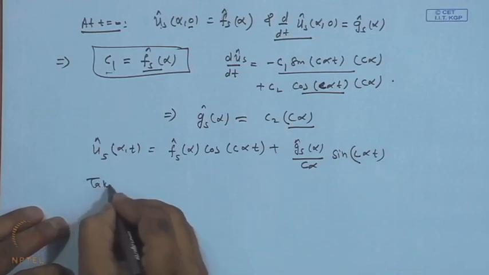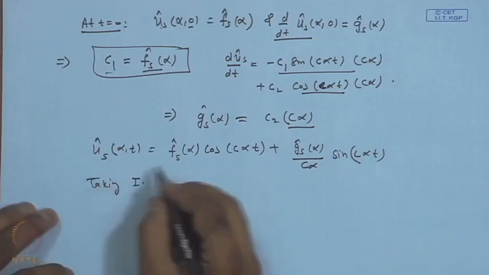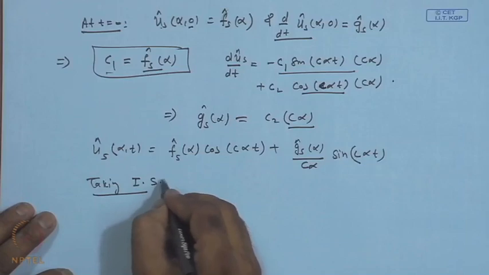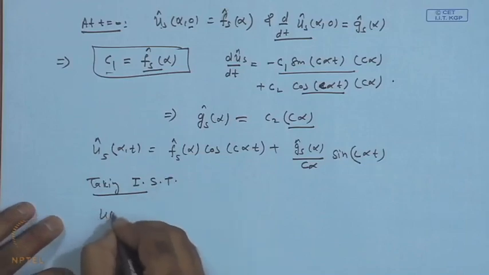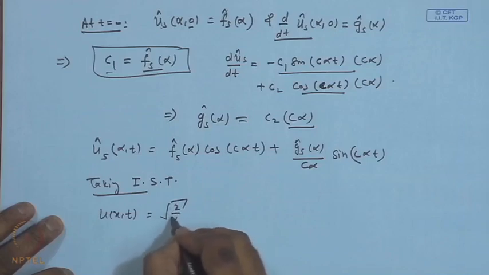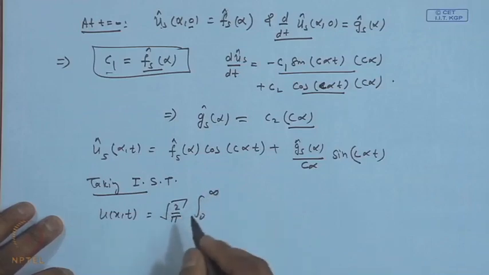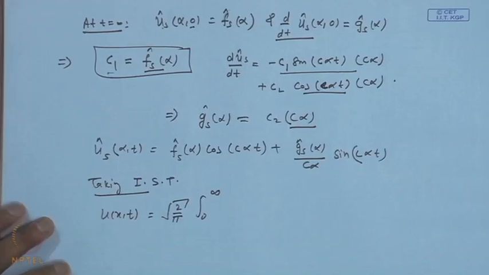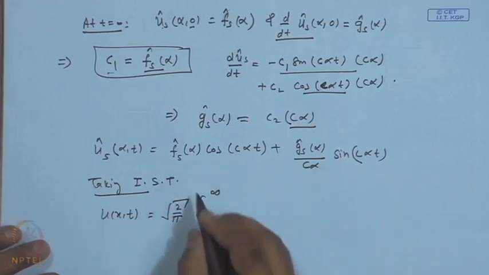Now, taking the inverse sine transform, we get u(x,t) will be square root 2 over pi, integral from 0 to infinity, and this function here.